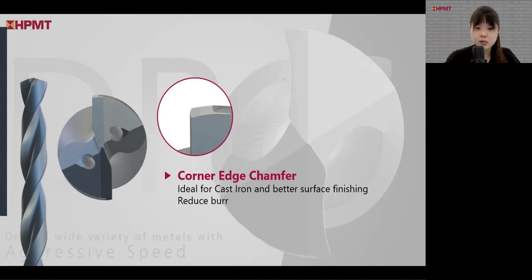So with this corner edge feature, when it attempts the through hole cut, it will clean out the area at the exit part and provide a better surface finish. So here are the four key main features that we designed to help boost the performance.